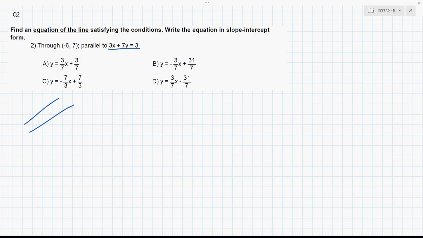However, it's not in y equals mx plus b form, so we have to turn it into that. We have 3x plus 7y equals 3, and we want to get y alone. First we subtract 3x from both sides.